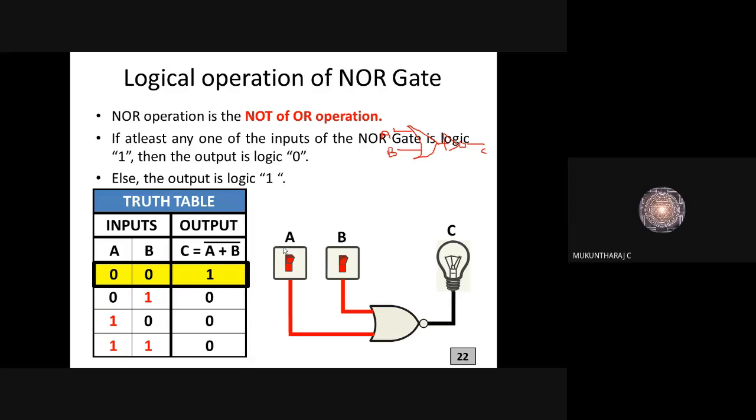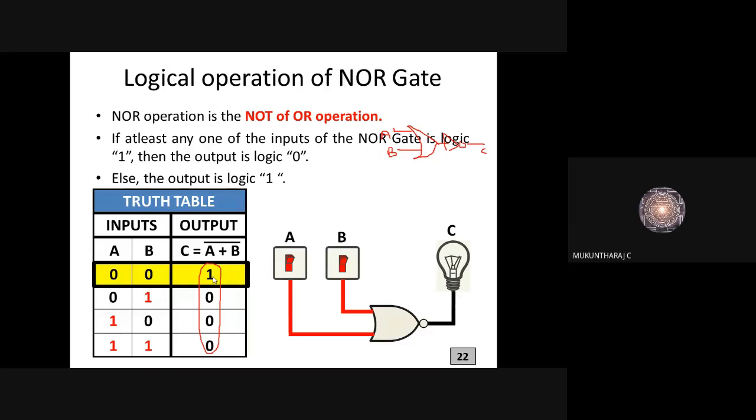From this truth table, you can observe that the output column gives the inverse of the OR operation. In the case of the NOR gate, what is the output for the 0, 0 input combination? When both the inputs are 0, the output of the OR gate will be 0, but in the case of the NOR gate, the output is 1.